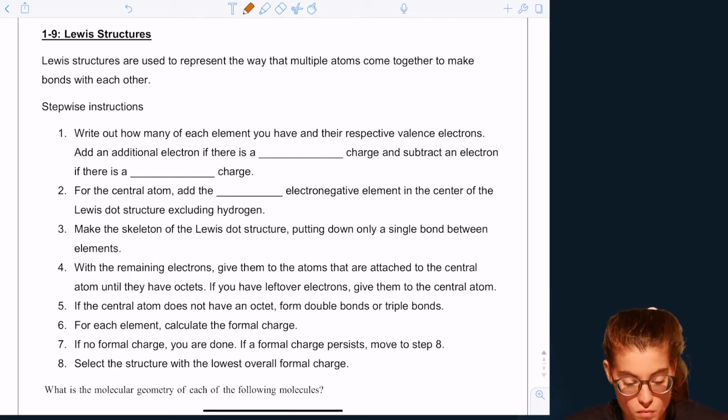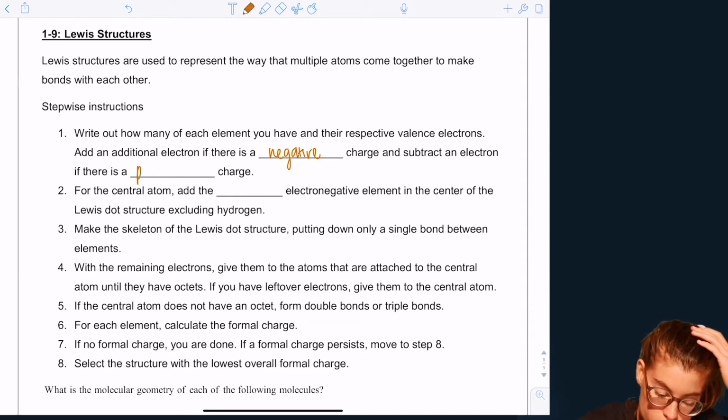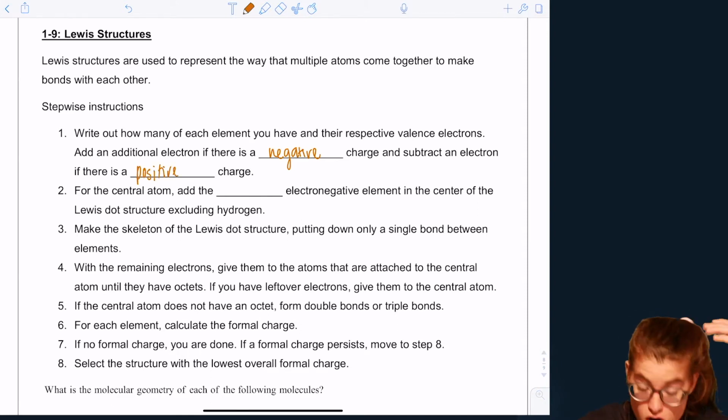All right, so step 1, write out how many of each element you have and their respective valence electrons. Add an additional electron if there is an overall negative charge on your molecule, and subtract an electron if there's an overall positive charge on your molecule.